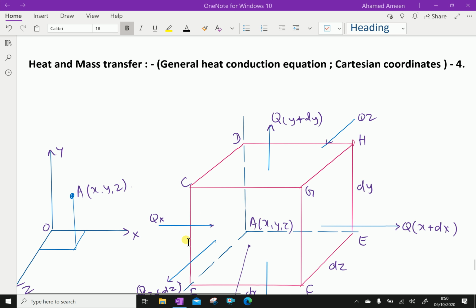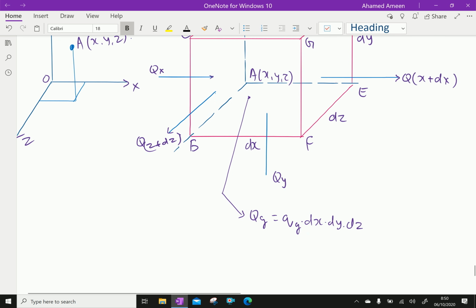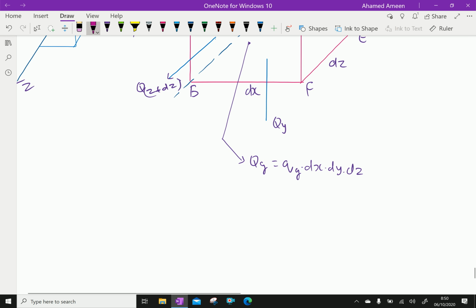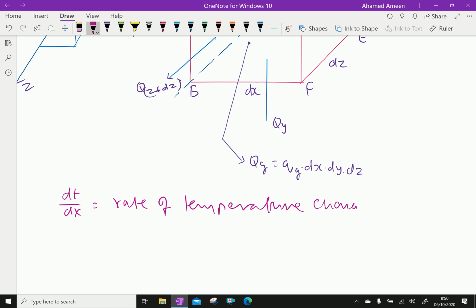Let dT by dx be the rate of temperature change in the x direction.